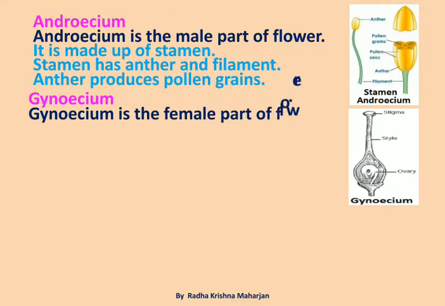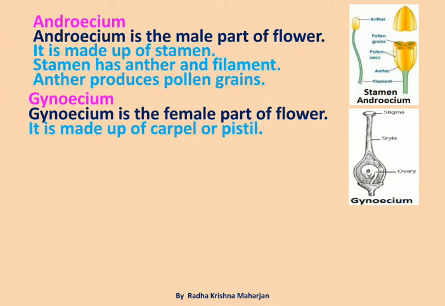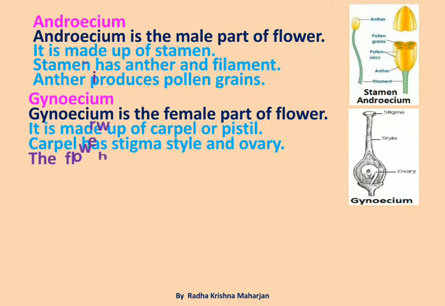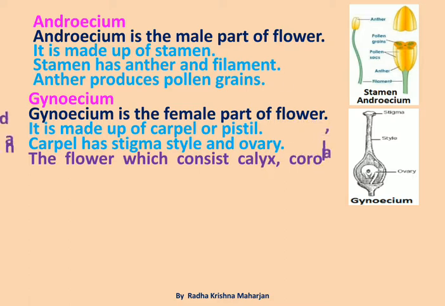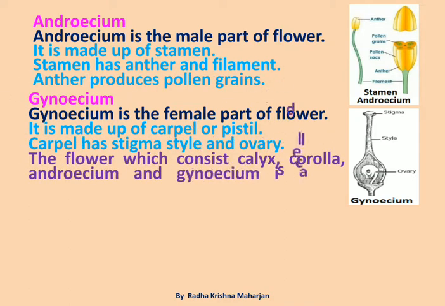Gynoecium is the female part of flower. It is made up of carpel or pistil. Carpel has stigma, style, and ovary. The flower, which consists calyx, corolla, androecium, and gynoecium, is called complete flower.